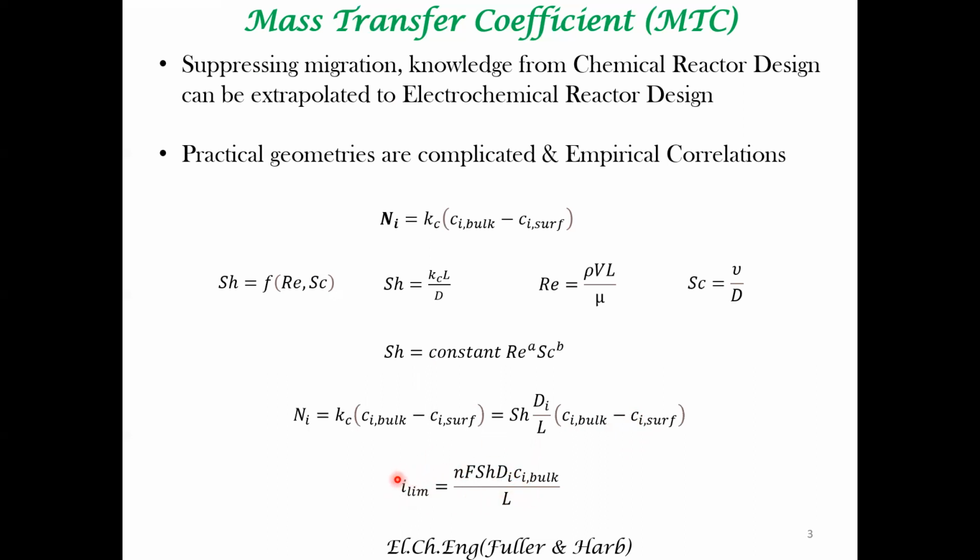This is the limiting current density, the maximum current that can be obtained from the reactor. The situation we are thinking of is that there is a reactant in the bulk which gets transported to the electrode surface and reacts. At limiting current density, the surface concentration C_i is 0. Therefore, the limiting current, which is the maximum current that can be obtained, is given by this formula.